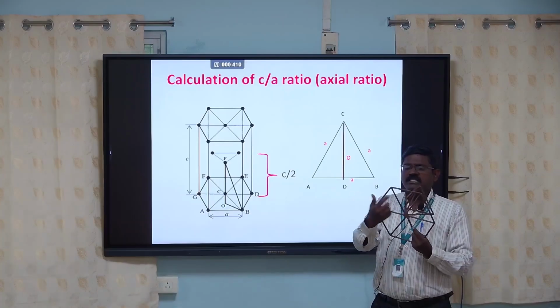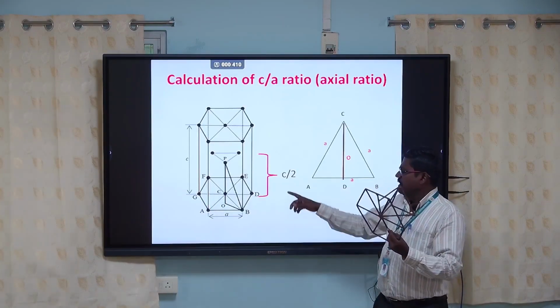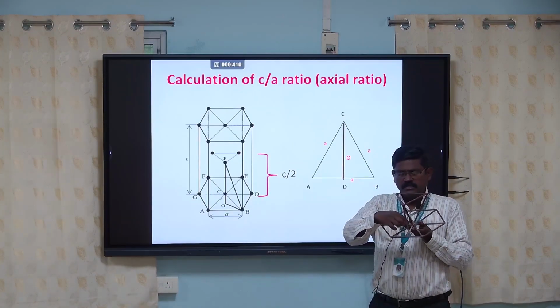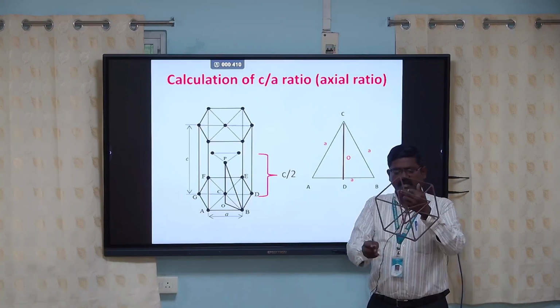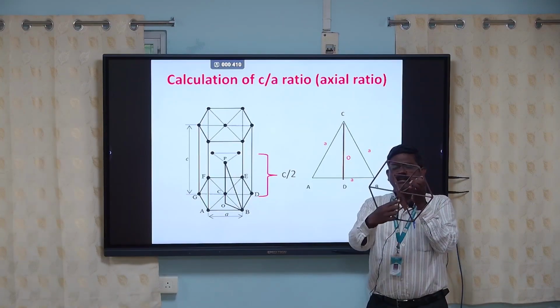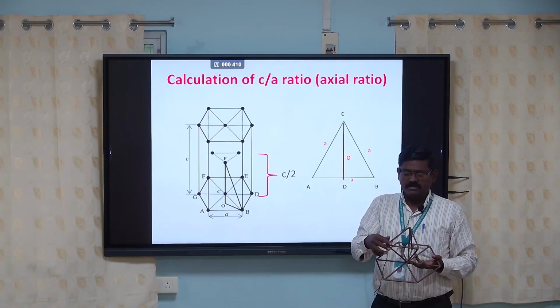So we have 6 triangles, 1, 2, 3, 4, 5, 6 triangles we have, and we have to draw one line for one triangle. This line is the height of the triangle. This triangle is formed by the base center atoms.